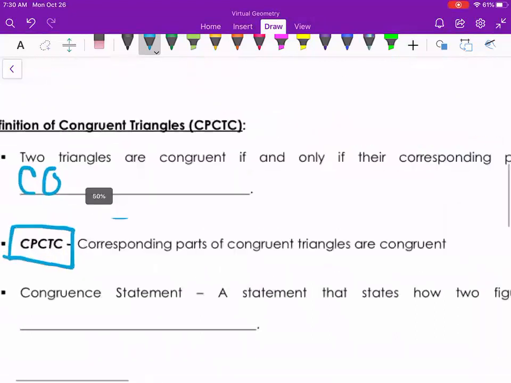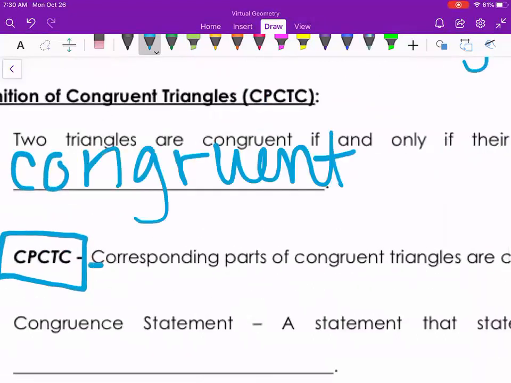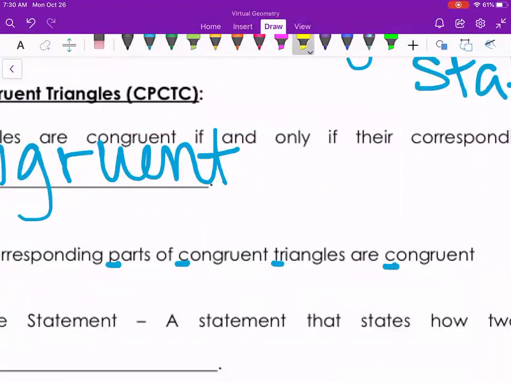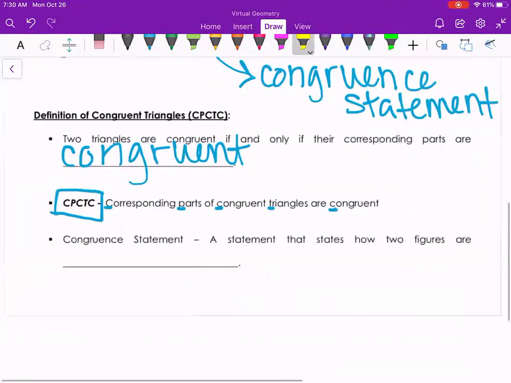What does that all stand for? Corresponding parts of congruent triangles are congruent. So that's just the leading letters of that definition.